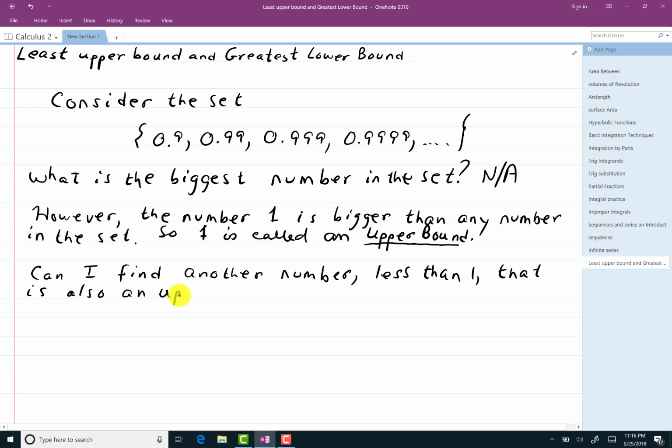Can I find another number besides 1, maybe less than 1? Can I find a number less than 1 that's bigger than every single number in this set? Well, what do numbers less than 1 look like? Let's write the decimals.